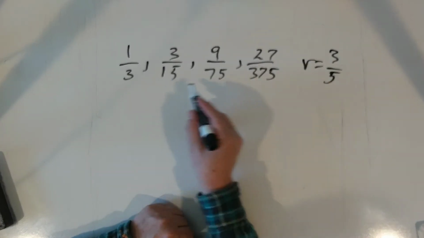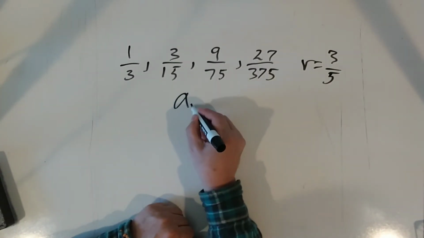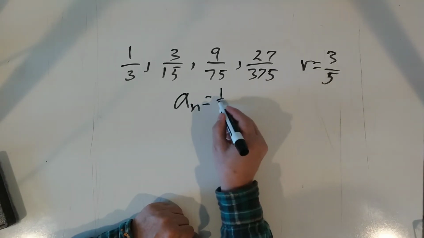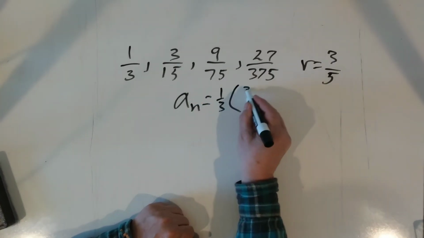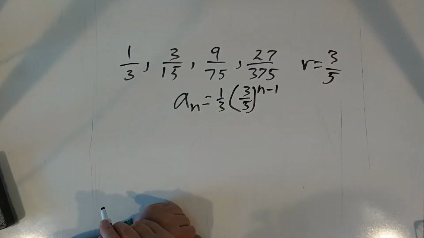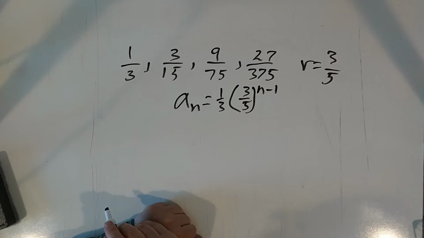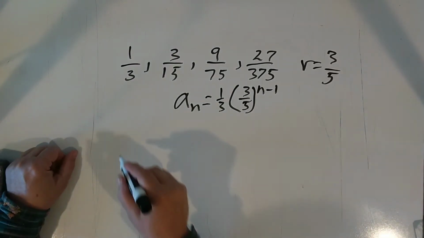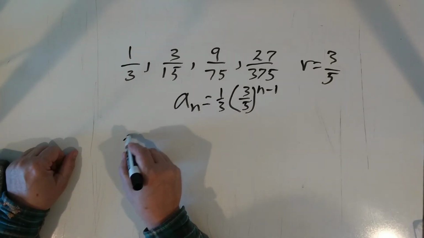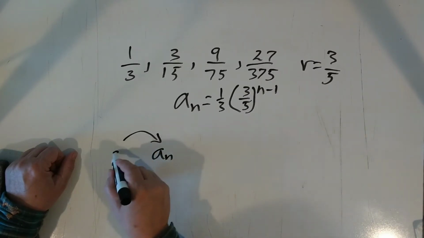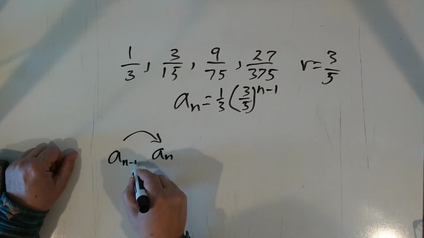The general formula for this would be a sub n is equal to a sub 1, which is 1/3, times the common ratio, 3/5, to the n minus 1 power. If I wanted to write this as a recursion formula, where I go from one term to the next, to get a sub n, I have to know what the term before was.